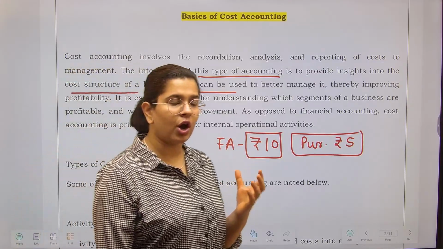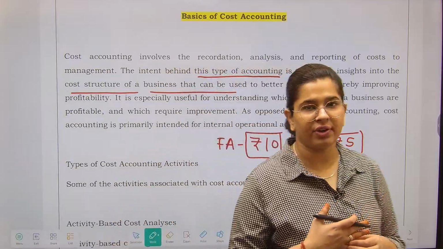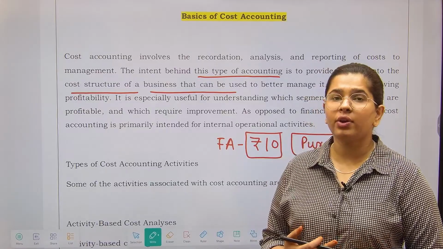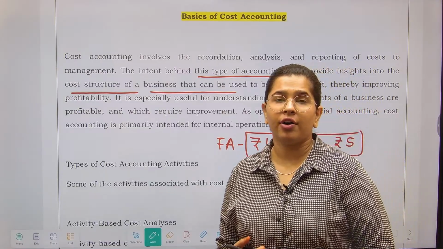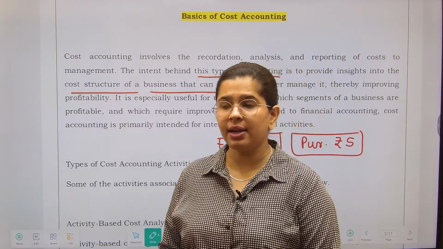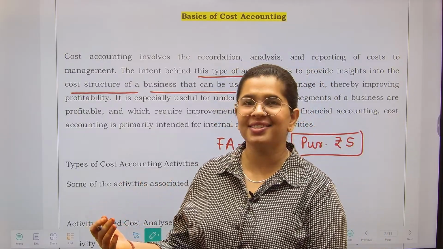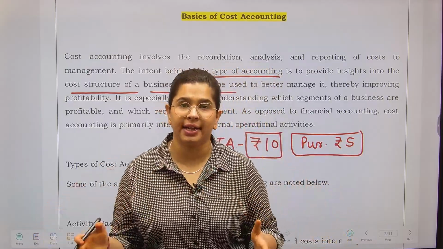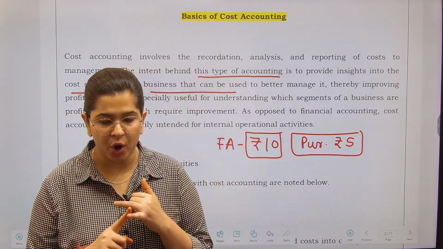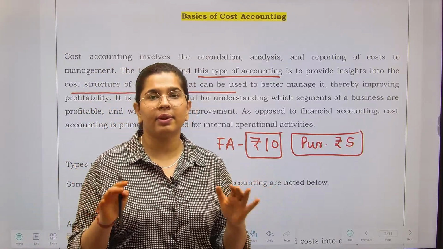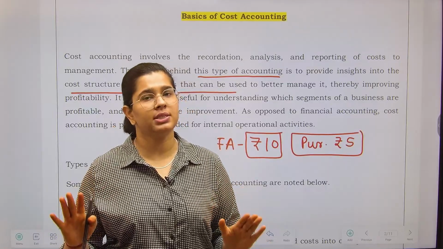Financial accounting will not give me product wise bifurcations because that is not its intention. Financial accounting's intention is to draw the balance sheet and P&L, right? P&L is not made product wise, if you understand. P&L is made consolidated. Consolidated means whatever products and whatever services you are selling, collectively we will make just one profit and loss account.